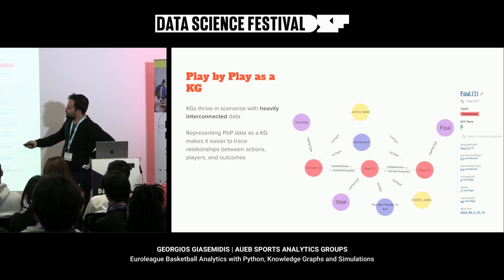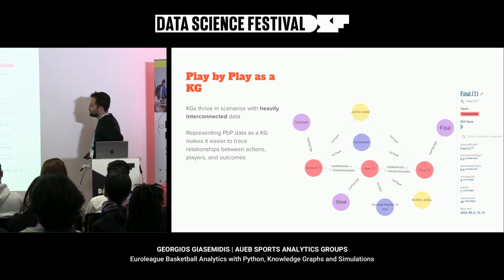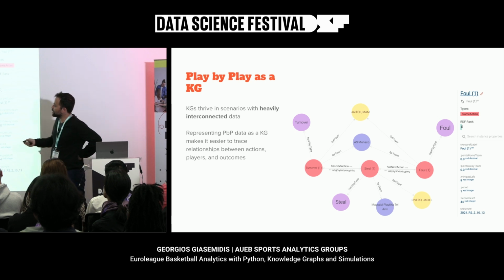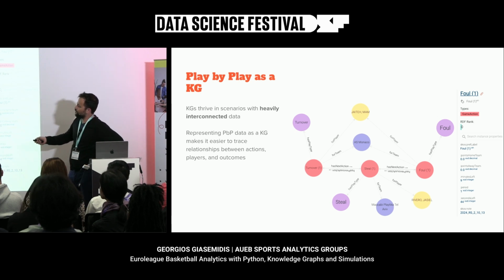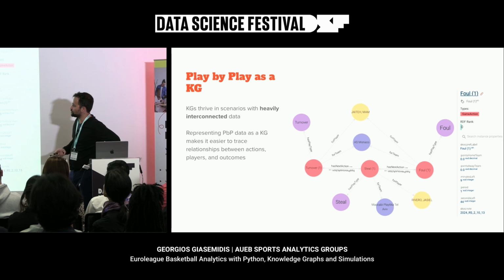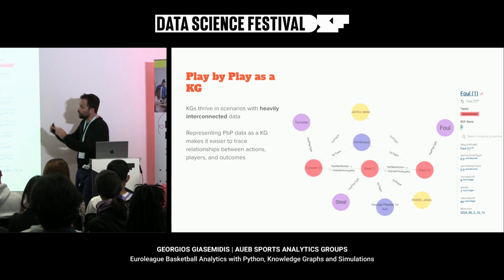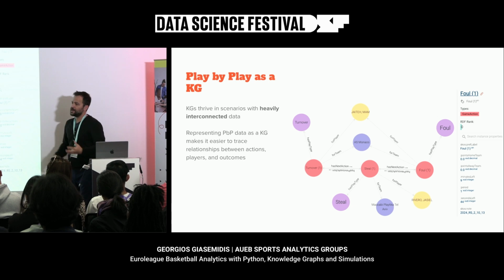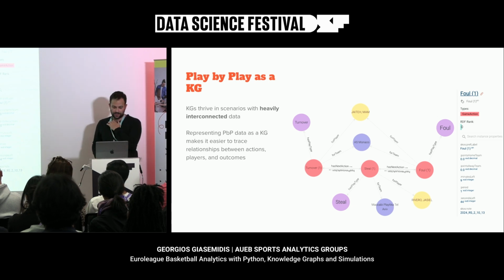And because of the steal, this player made the foul to the player who stole the ball to stop the transition. So you can see the sequence of actions, and also everything is documented here on the knowledge graph. Okay, the players, the fouls, and everything. And that's only a tiny bit of the action happening during the game.